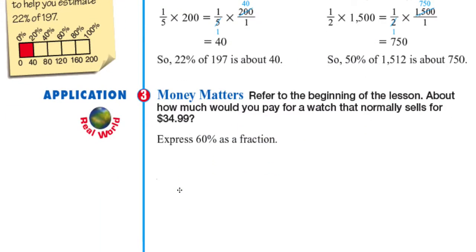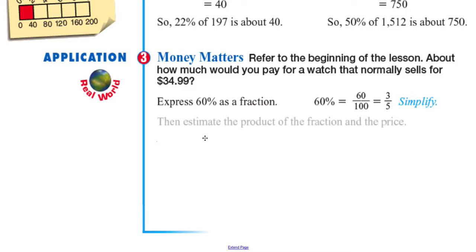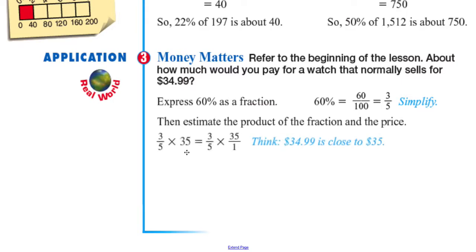If you notice, 60% is 60 over 100, or 3/5. That one is exact, so we don't have to worry about estimating 60%. On our table it means 3/5. Then we want to estimate the product of the fraction and the price. We now have 3/5 times 35.